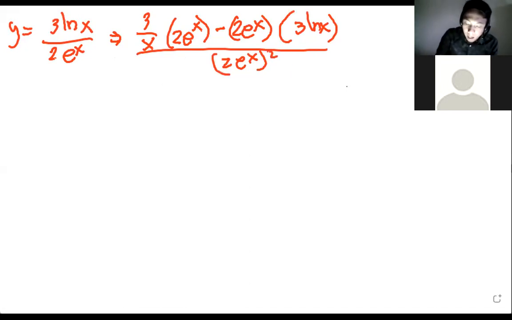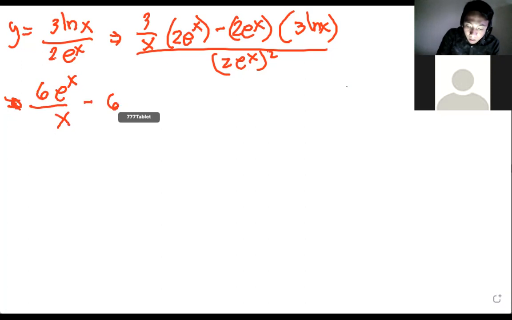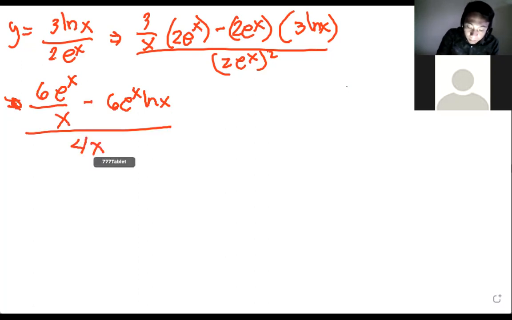Okay? Then I will move here, down here. And then it will become 6e raised to x over x minus 6e raised to x ln x, right? Over 4xe raised to 2x.